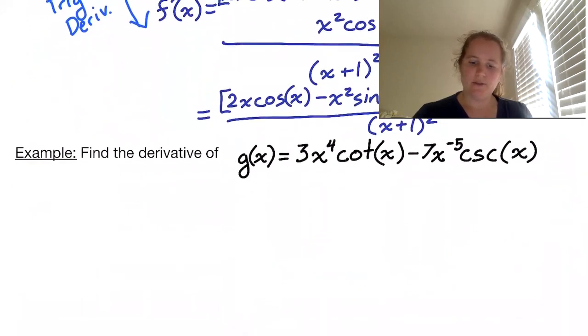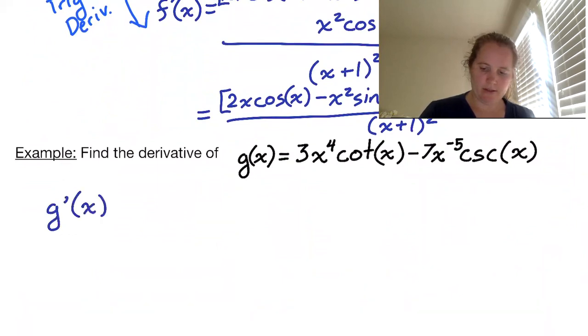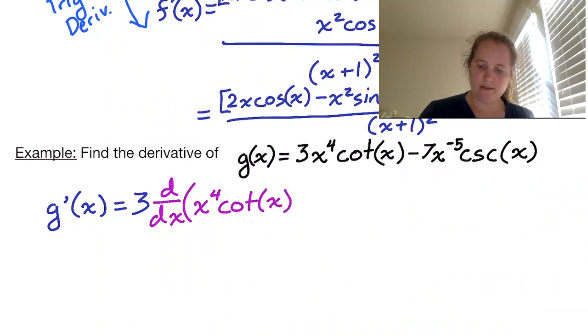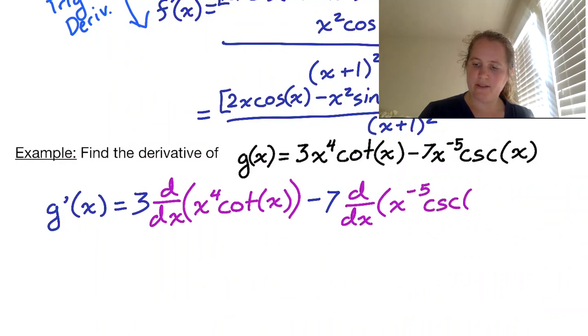To find this derivative, g prime of x will be equal to 3 times the derivative of x to the 4th cotangent of x, and then minus 7 times the derivative of x to the negative 5th cosecant of x.